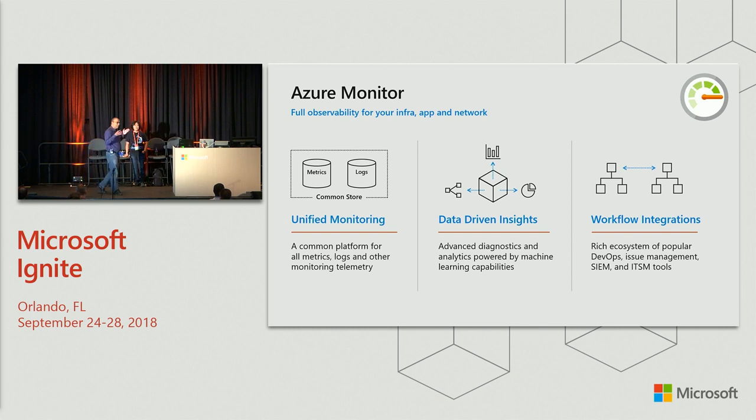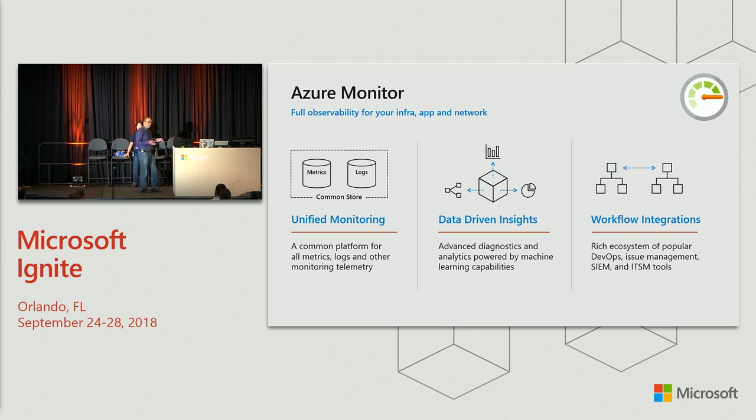At this Ignite, we're launching what we call a unified Azure Monitor. Think about all the telemetry coming from your applications, from your machines, from your custom sources. We are putting them in a common backend for metrics and a powerful log analytics platform.